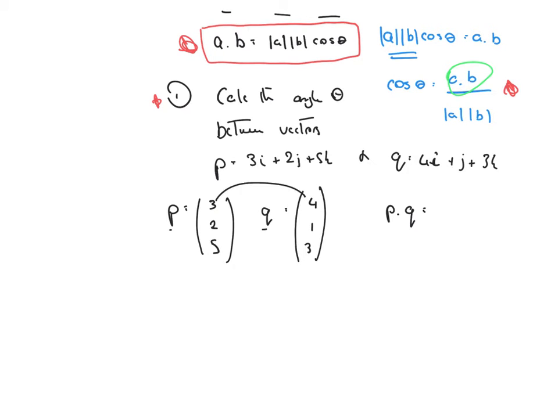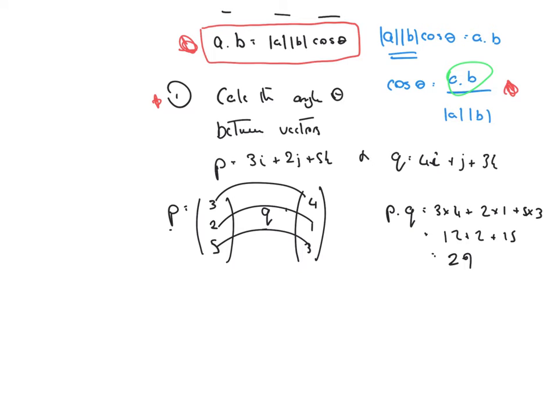So P dot Q is 3 times 4 plus 2 times 1 plus 5 times 3. And that will give me 12 plus 2 plus 15, which is 29.